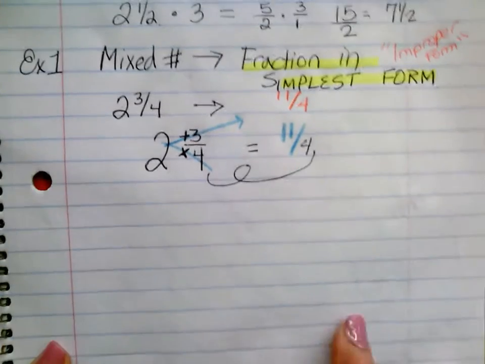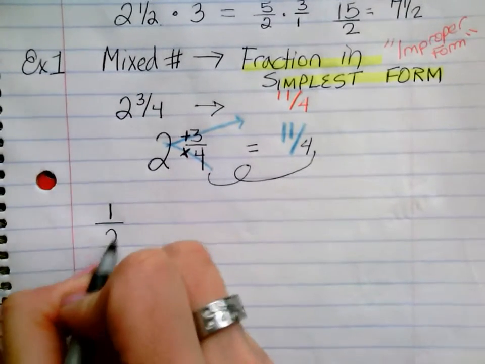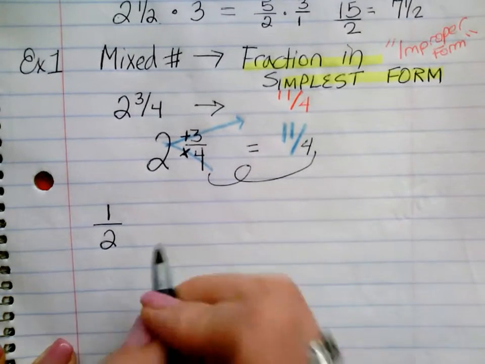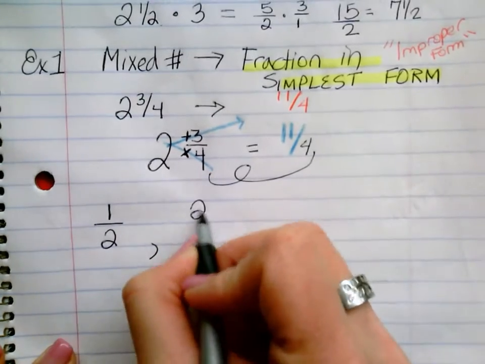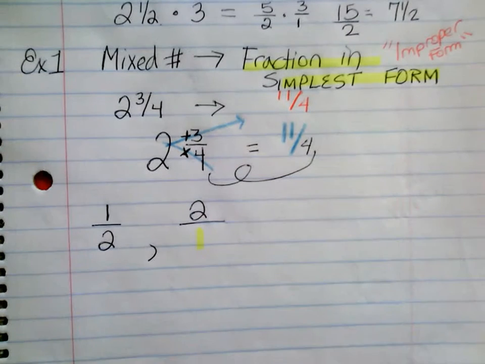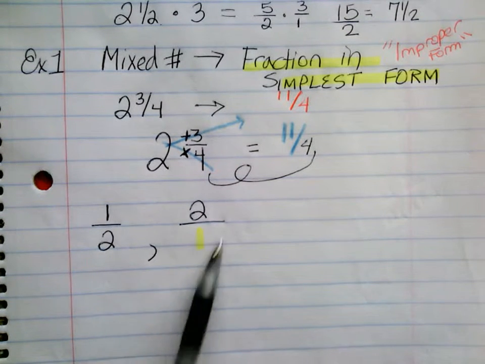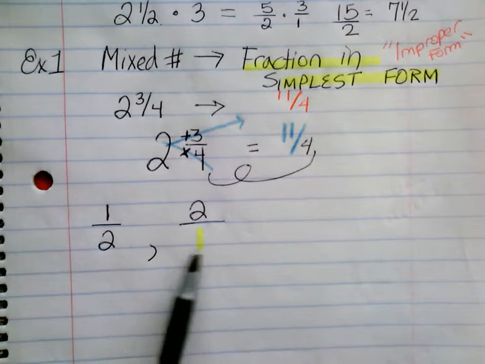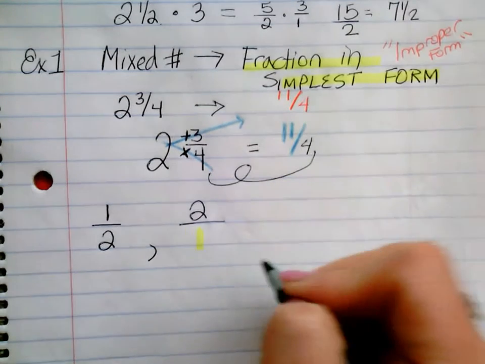So fractions in simplest form might look like this, okay? Or it might look like this. Why did I do that? Because it's a whole number, okay? If I need to use this in an application that requires fractions, I got to throw a 1 under it, okay?